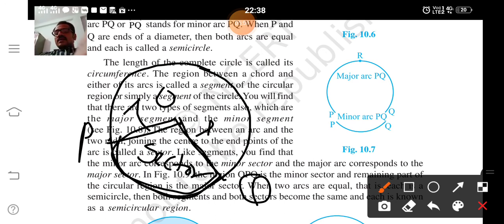These are the radii. The region formed by a minor arc and two radii joining the center of the circle and the end points of the arc is called a minor sector.